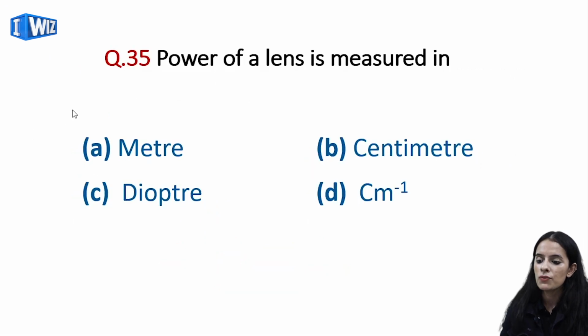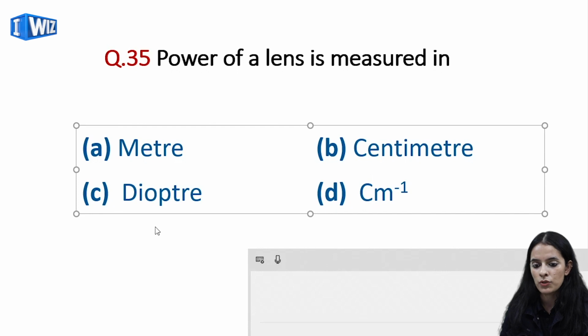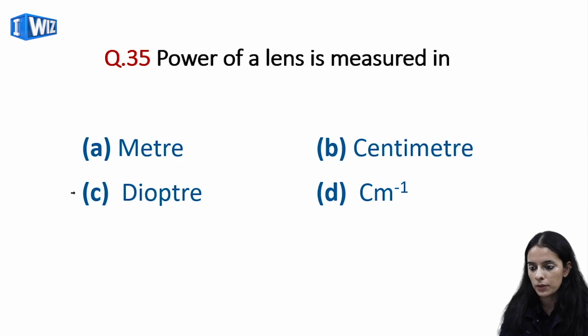Next, power of a lens is measured in meter, centimeter, diopter, and per centimeter. So what's the right option? Diopter. Power of a lens is always measured in diopter. Okay. And we know that power is the inverse of focal length.